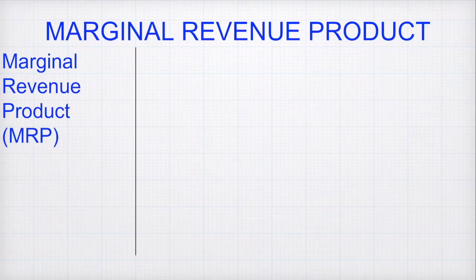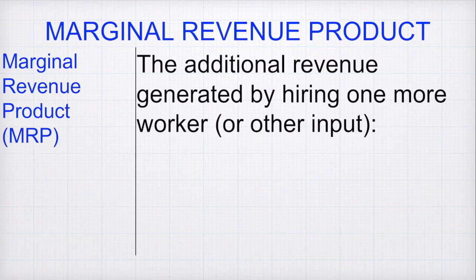So we have to define a few mathematical concepts first, starting with what we call marginal revenue product, or MRP for short, going forward. The marginal revenue product is basically just how much extra revenue we're going to get from hiring one more worker or other input.